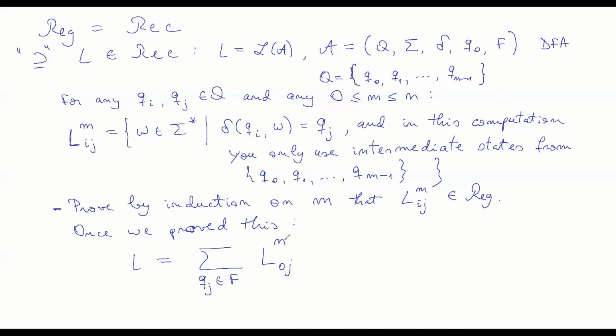So if I put n here, it means that you can use all the states from 0 to n minus 1, which is all there is here. So essentially, by putting n here, I'm saying there is no restriction on which intermediate steps to use. So starting in Q0 and ending in Qj for all these Qj in F, and all of these are proved regular by proving this induction claim.